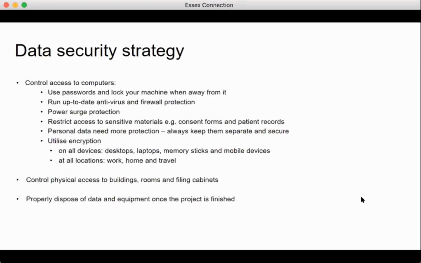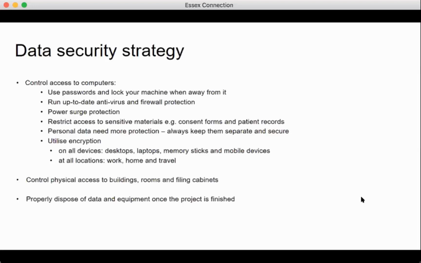Always make sure to keep these separate from anonymized data. So make sure that you separate personal from anonymized data as early as possible in the project. Ensure that you utilize encryption, as we spoke before, across all devices and at all locations. So this is a safer, more secure option than using passwords, as we saw.